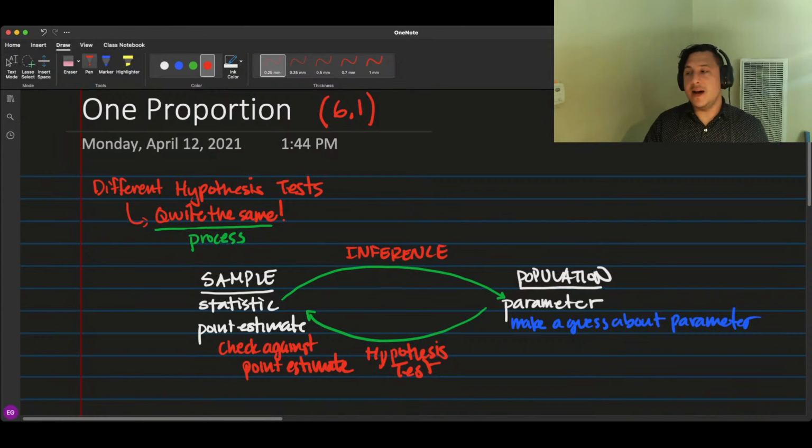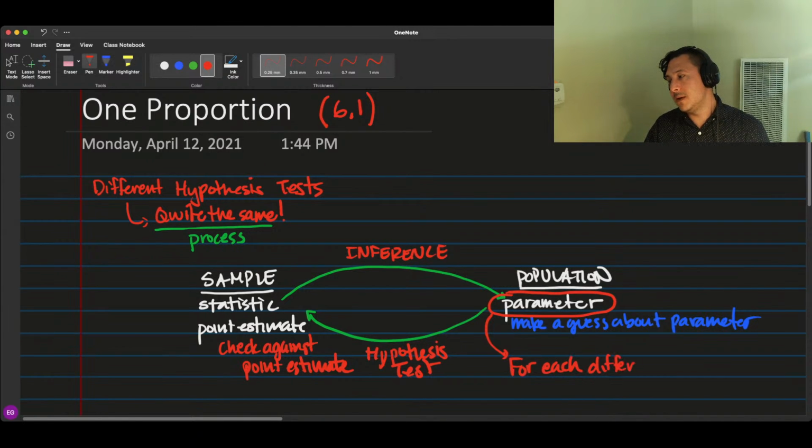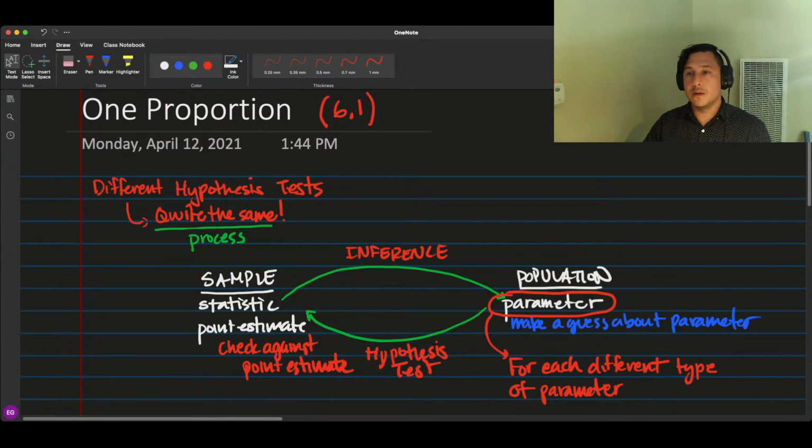Okay. So what we're going to find out is that for each of the different parameters there are for populations, there is a different hypothesis test. So for each different type of parameter, there is a different type of hypothesis test.